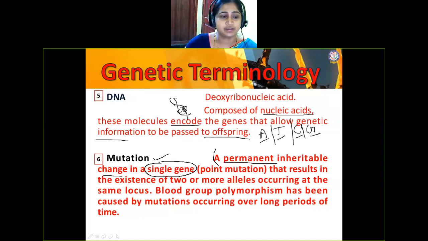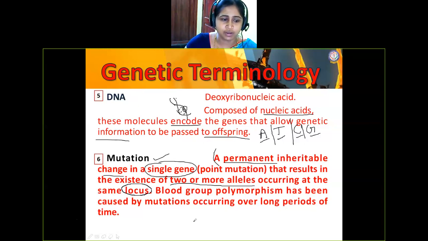That results in the existence of two or more alleles. So it is disturbed at that particular point, and because of that, it is expressing with different and many numbers of genes, occurring at the same locus. So what is locus?